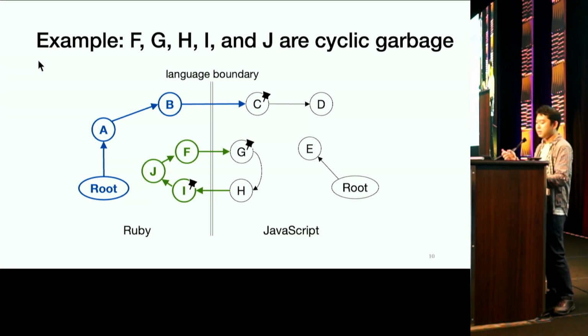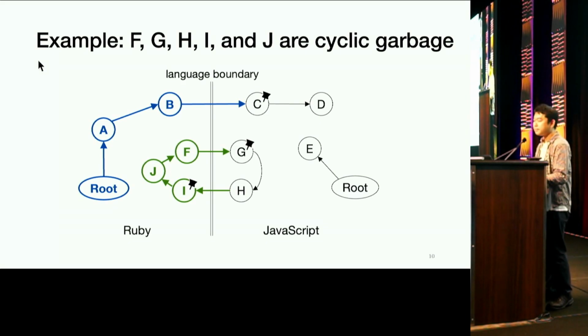But we found that if we first mark all objects reachable from the root, then we can skip traversing objects that are reachable from the root. So the total traversal time is not so long. Great, thank you.